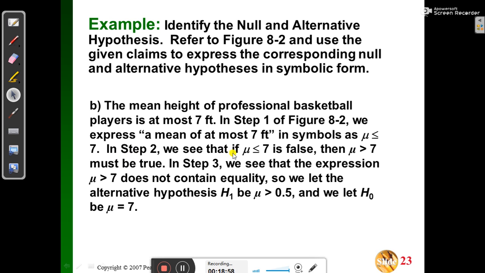In step 2, we see that if mu less than or equal to 7 is false, then mu greater than 7 must be true, or vice versa. In step 3, we see that the expression mu greater than 7 does not contain equality, so we let the alternative hypothesis H1 be mu greater than 7, and we let H0 be mu equal to 7. That is the null hypothesis.